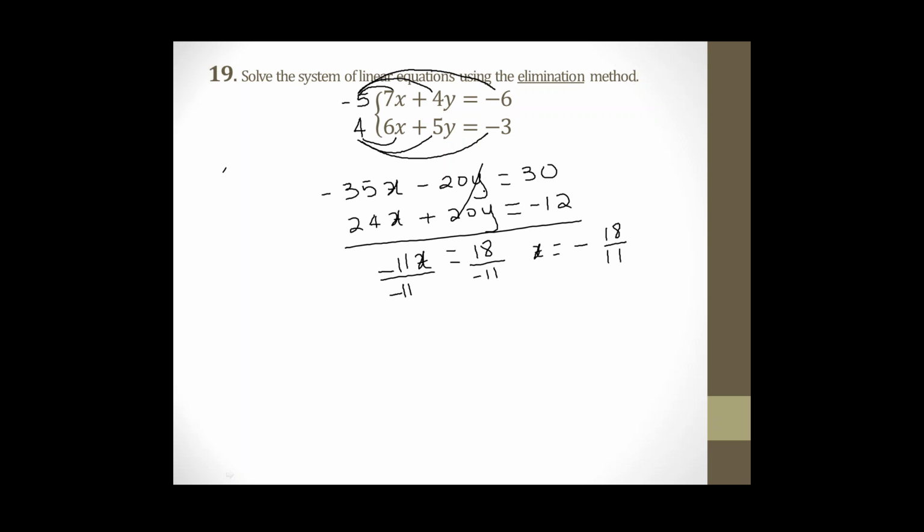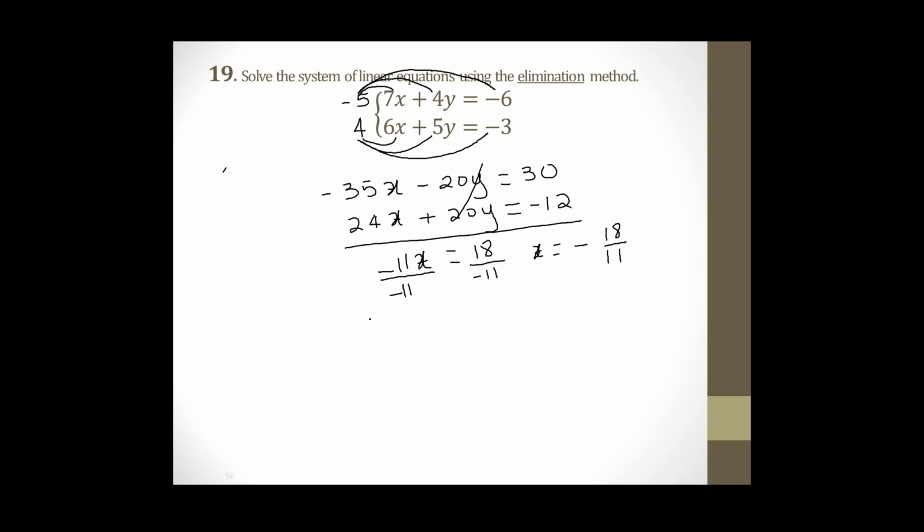Now, this is a tough cookie. It doesn't matter where I plug it in, it's going to be not hard, but more work. So I'm just going to pick the smaller one because it has smaller numbers.